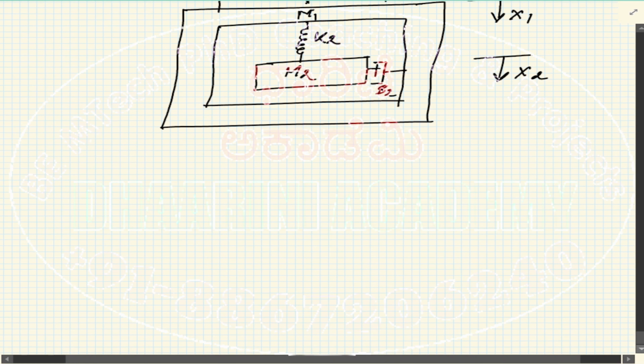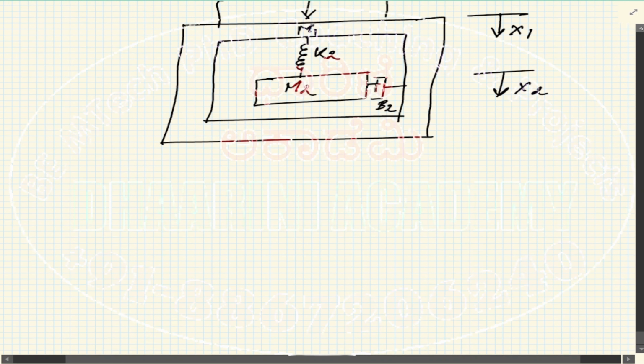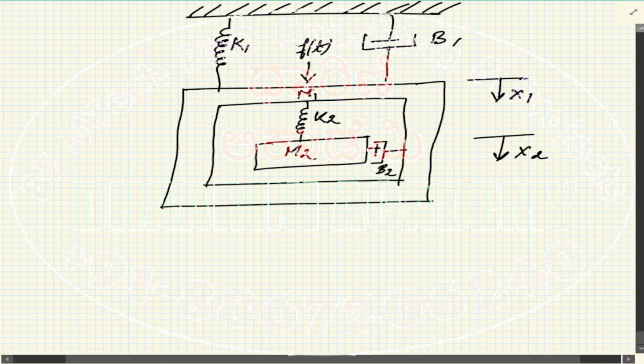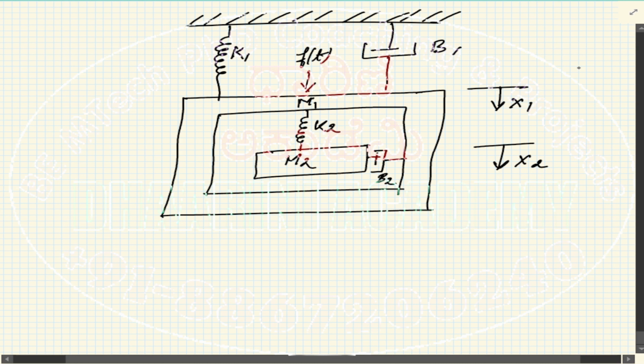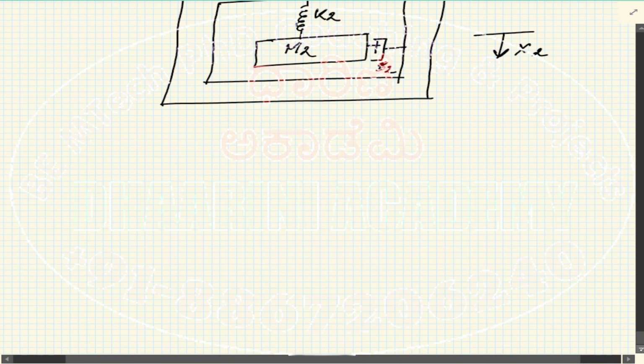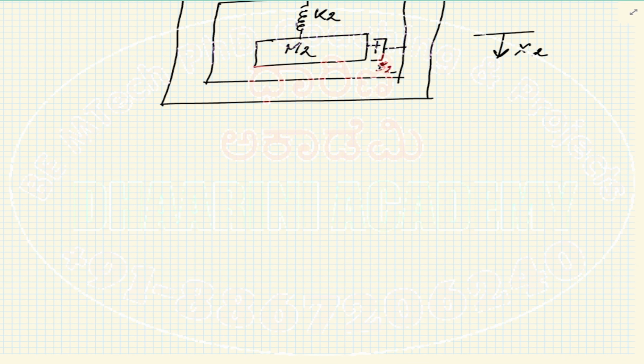Once we identify the nodes, as we know that this is a translational system, so displacements become nodes. Since there are two masses, corresponding to each mass we have already marked the displacements.